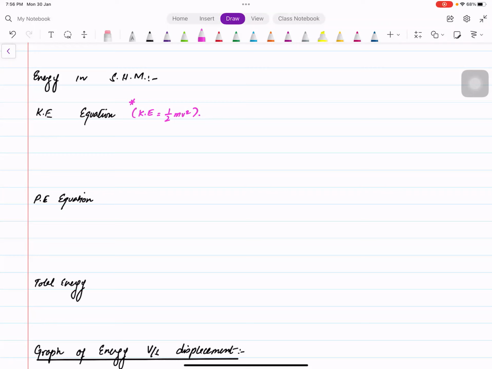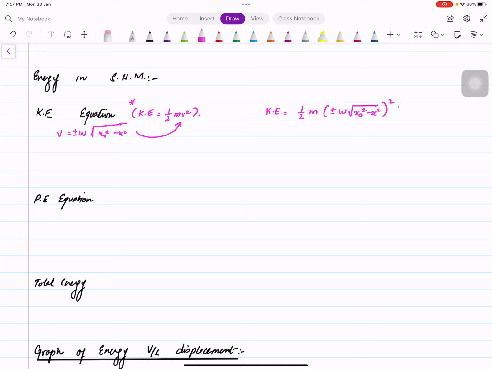Okay. Now the kinetic energy equation is this, and we know the velocity equation in simple harmonic motion is plus minus omega times the square root of x naught squared minus x squared. If I substitute this equation right here, what do I get? I get kinetic energy equals half times m times plus minus omega square root of x naught squared minus x squared, whole squared.